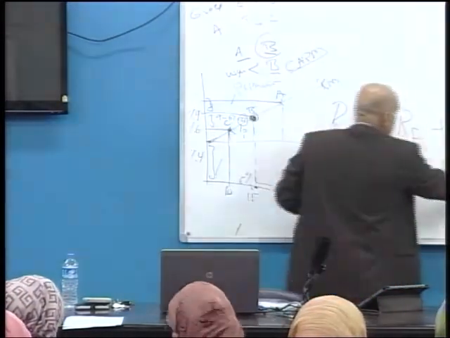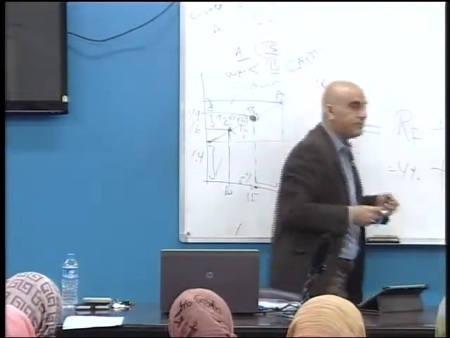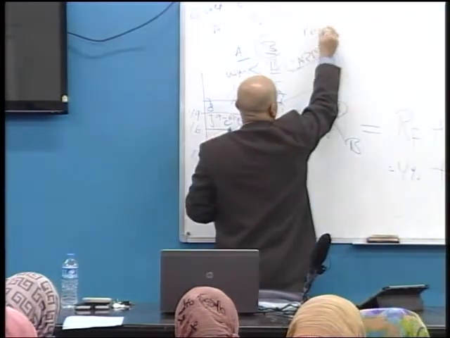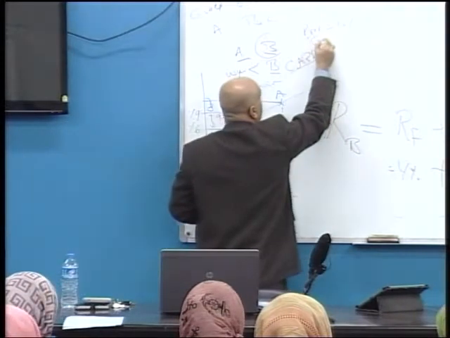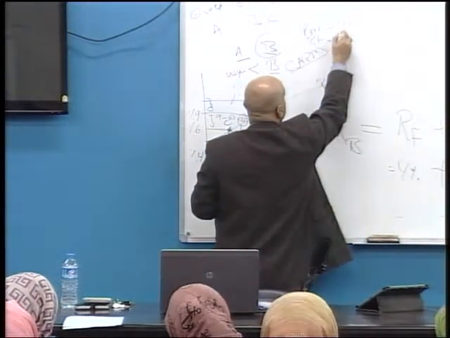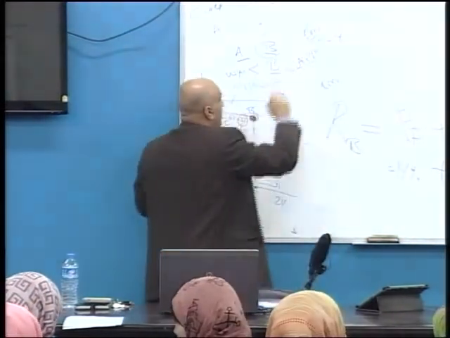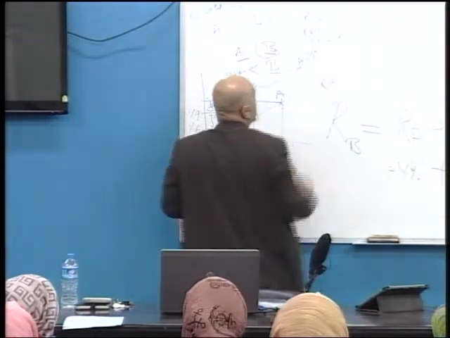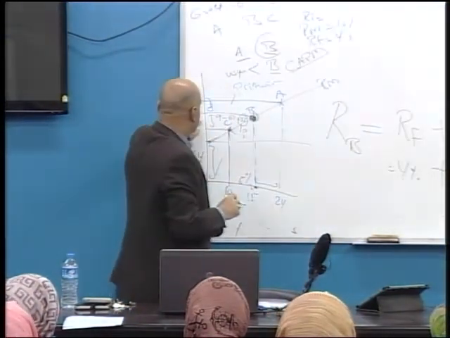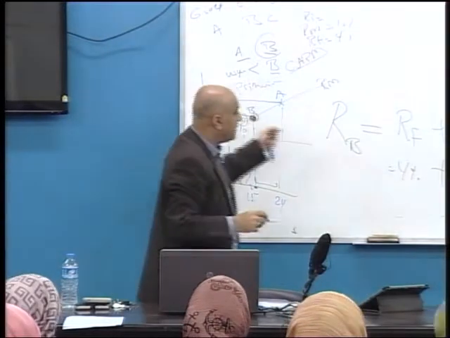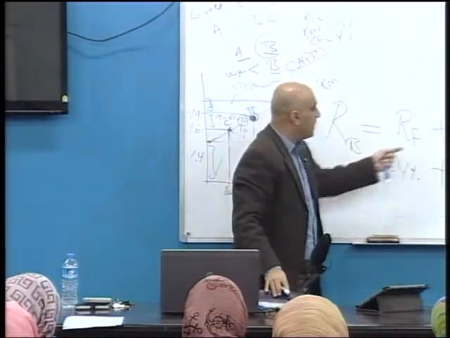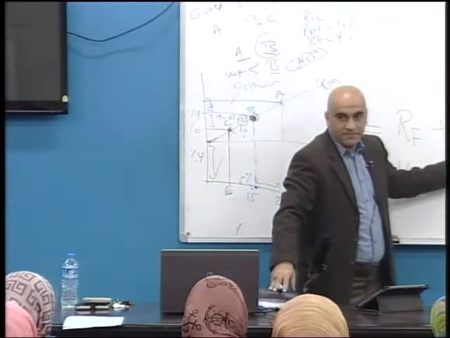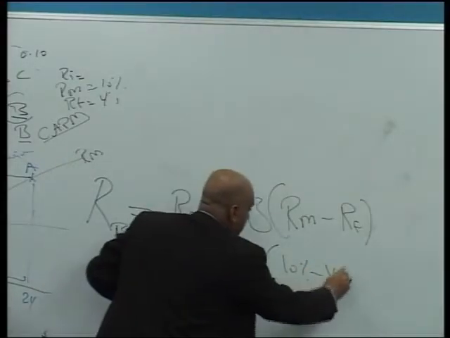So RM is equal to 10%, RF is equal to 4%. Now the RI we know, but according to this equation, we should know beta, here minus 4%.